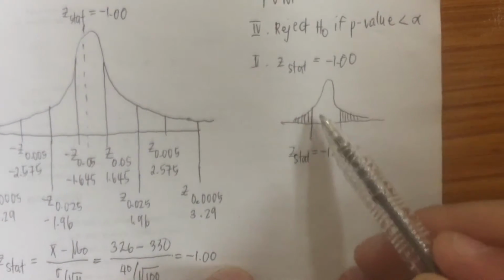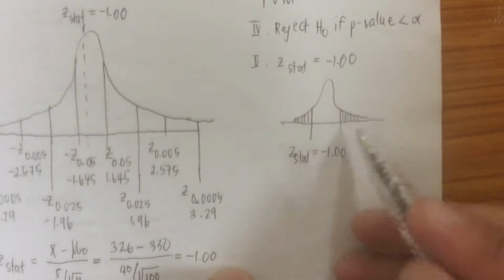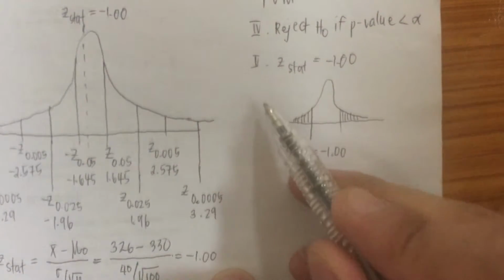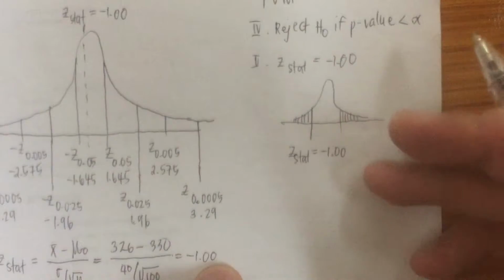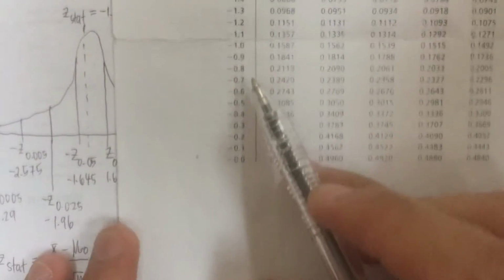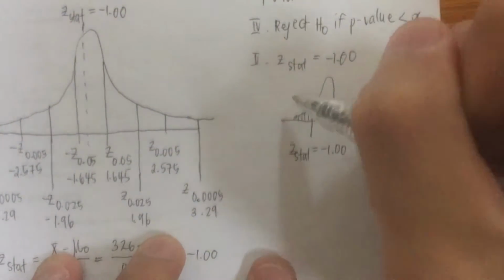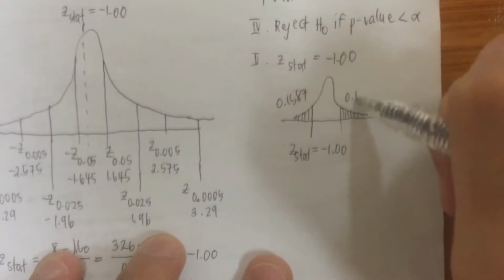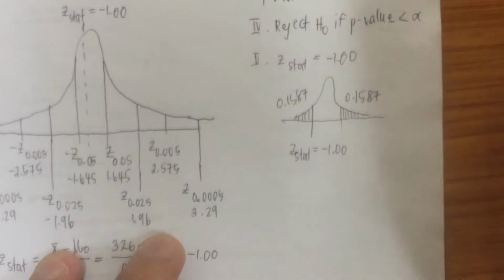So you can just add the area to the left of -1 to the area to the right of 1, or just get this area and then multiply that by 2. So if we use the table to look for the area to the left of -1, according to the table, that's 0.1587. So this area is 0.1587. This one should also be 0.1587.